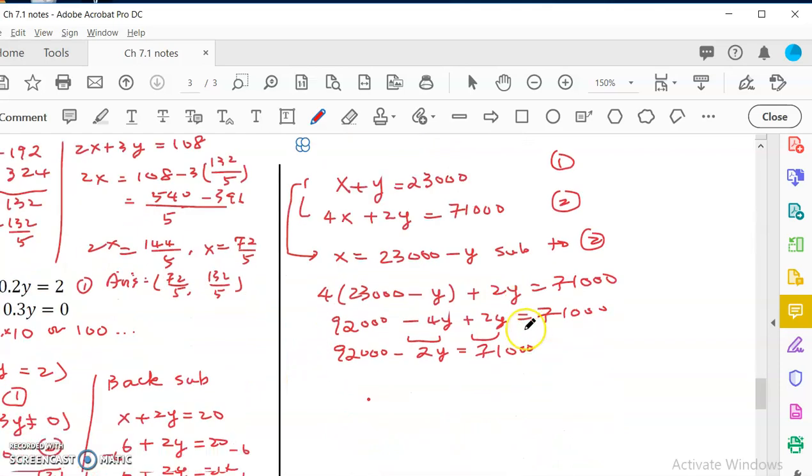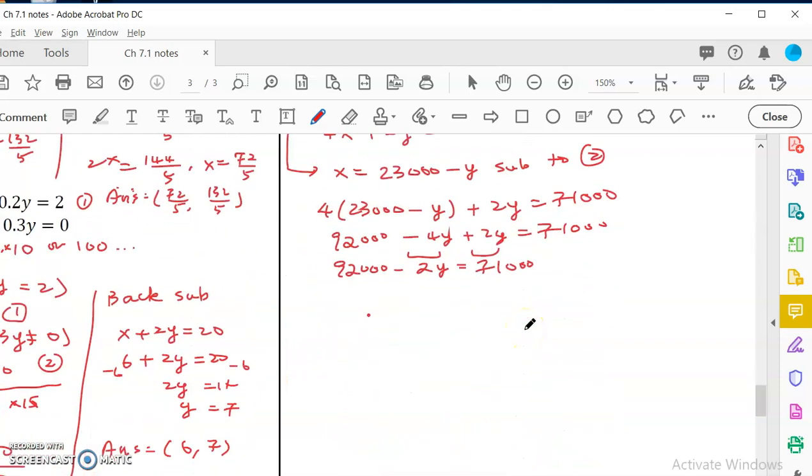Now we can subtract the 92,000 on this side. So I have negative 2y equal to 71 minus 92. 71 minus 92 is negative 21,000, divided by negative 2, divided by negative 2. It becomes positive.